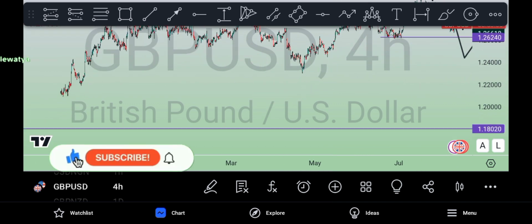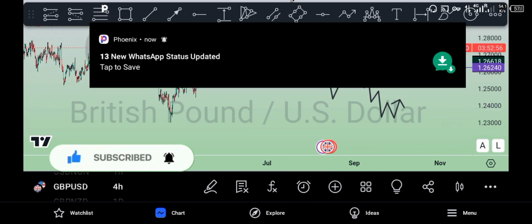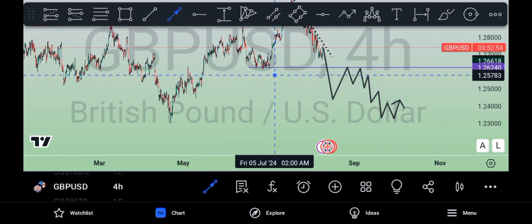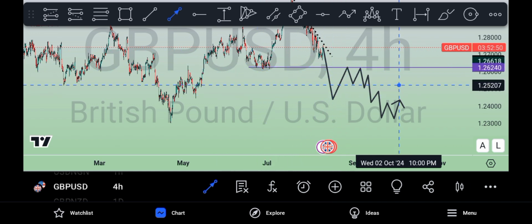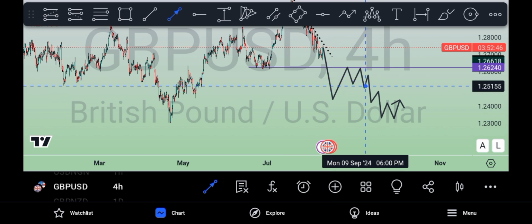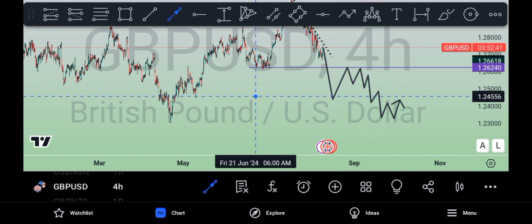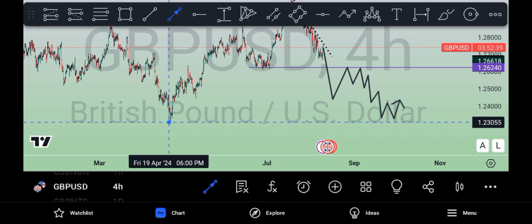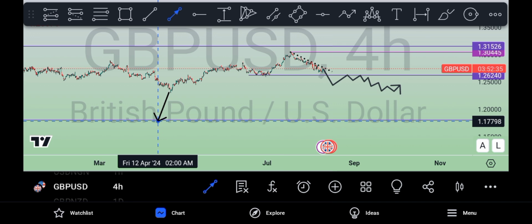But the only time we can call for that is when this low right here has been taken out and we see reactions like this. Then we want to be joining the market in all these small pullbacks, selling the market all the way to the next level, which is this purple bar right here.